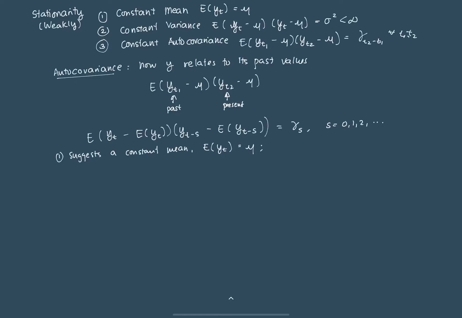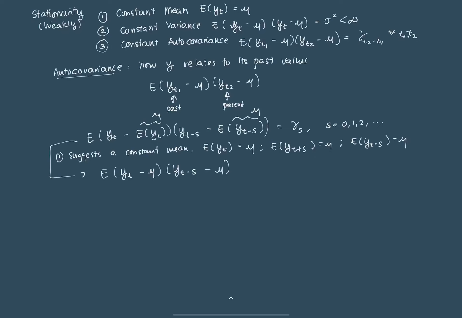But we say that it has a constant mean for all time periods, so it extends to any time period, whether yt plus s or yt minus s, that's equal to mu, because the mean doesn't change. So this here is just mu, and this here is also mu. Again, our equation reduces to the expected value of yt minus mu times yt minus s minus mu.